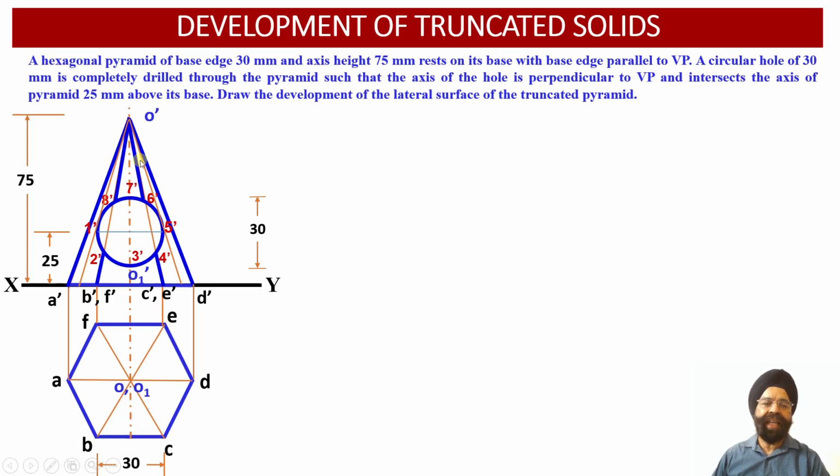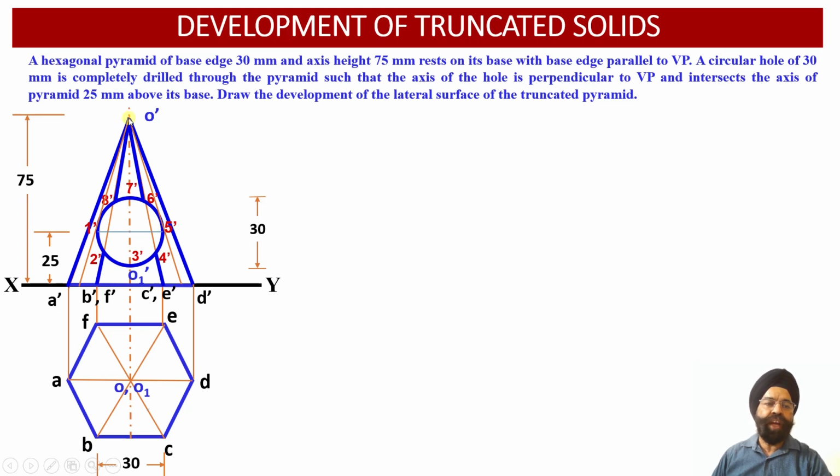Now we can see that there is another point of intersection, that is point 1 dash. Once we mark this diagonal of this particular hole having diameter 30 millimeter, this diagonal will be 1 dash 5 dash.